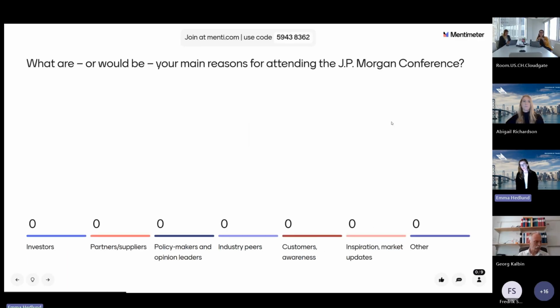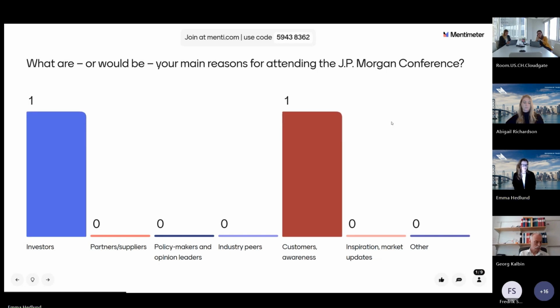So if you are planning to attend the JP Morgan conference, what would be your main reasons for attending? Would it be to meet investors, maybe partners, suppliers, policymakers, opinion leaders, maybe industry peers, customers, or to gather market updates? So please choose the main reasons for attending.